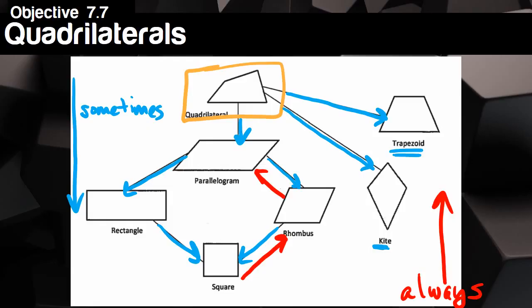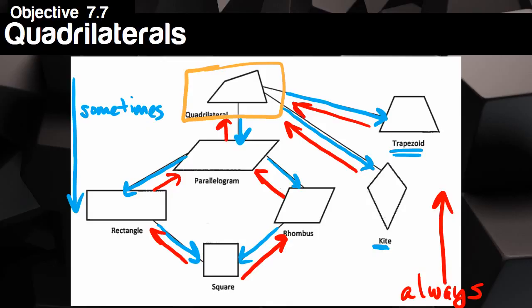You might want to make special note of that. A square is always a rectangle, always a parallelogram. I can say that a parallelogram is always a quadrilateral. I can say that a kite is always a quadrilateral, and a trapezoid is always a quadrilateral.